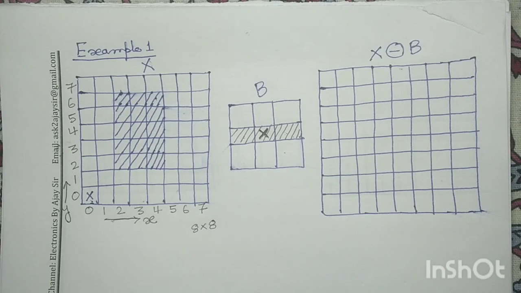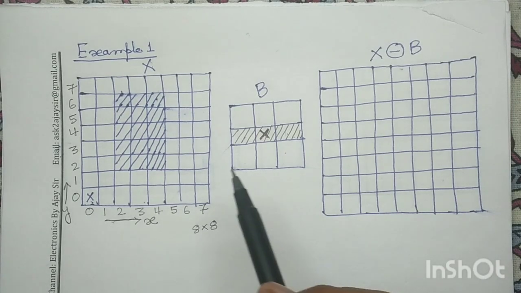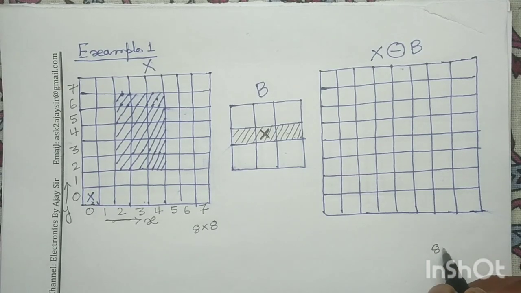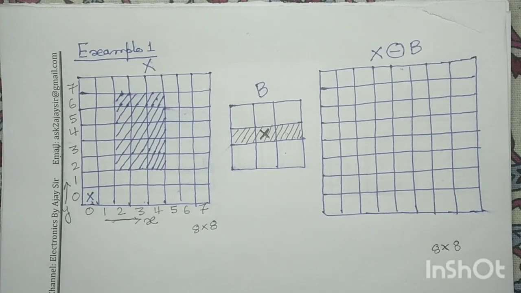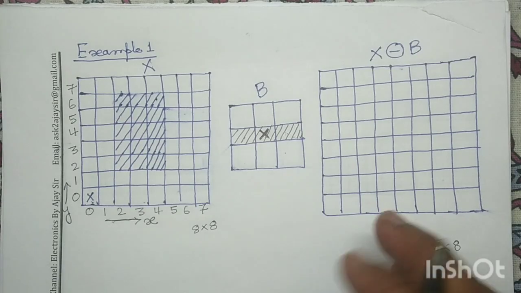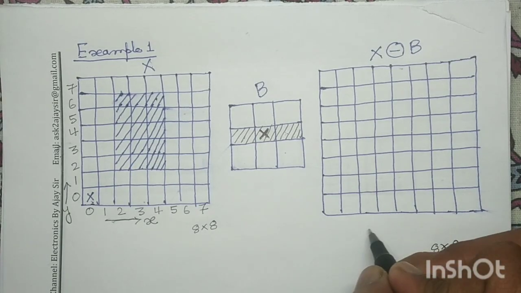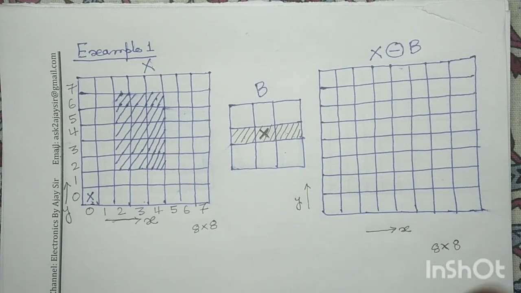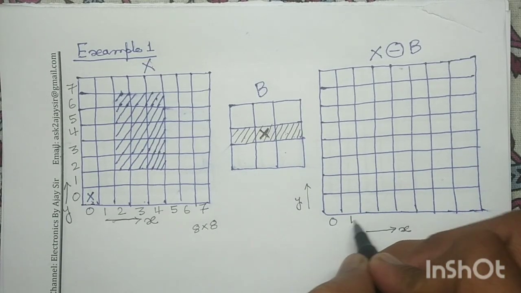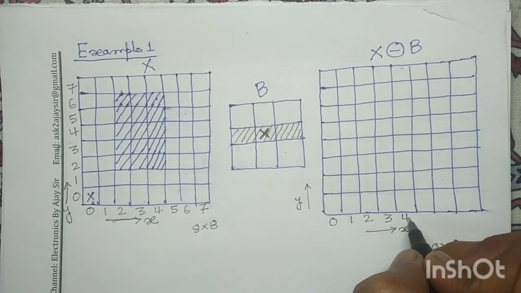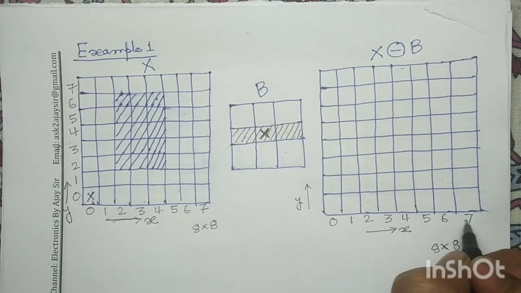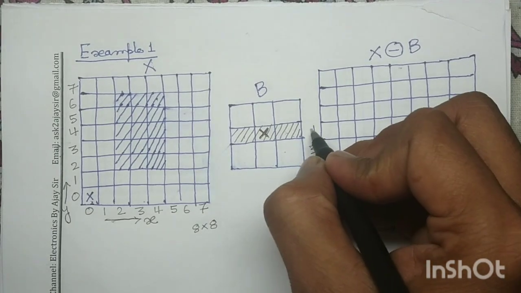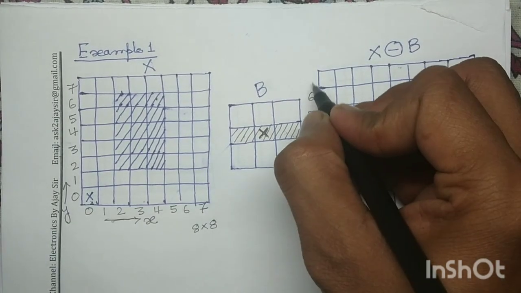So in order to draw the erosion output between X and B, here I also draw an 8 cross 8 output image. The same indexing we will follow in this output image also: 0 to 7 along X and 0 to 7 along Y.